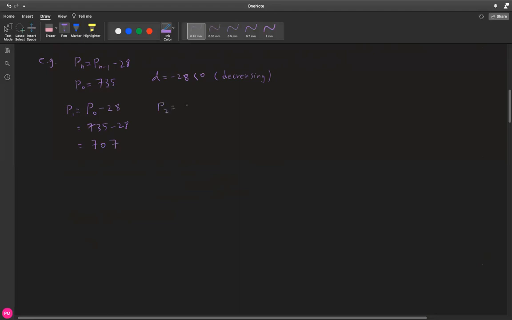And you can continue this to the next step as well. P sub 2 is P sub 1 minus 28, so it's 707 minus 28, and that's going to be 679.